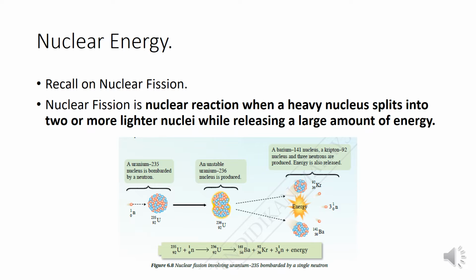When this nucleus is unstable, it will split and produce a barium-141 nucleus and a krypton-92 nucleus, and three neutrons are produced, and also energy will be released in this reaction.